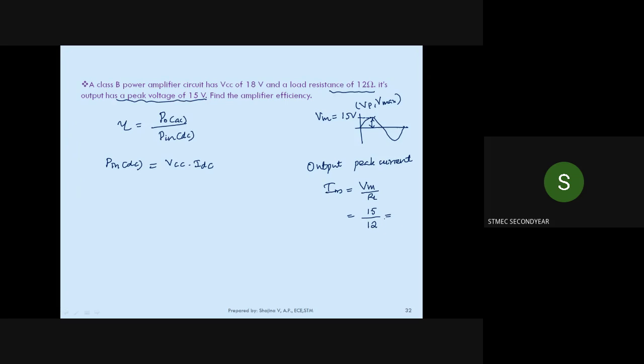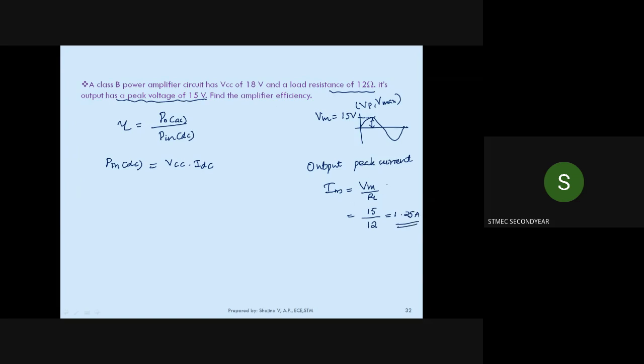Okay, so what will be our current? Okay, so this is 1.25 ampere, right? So this is the output peak current.